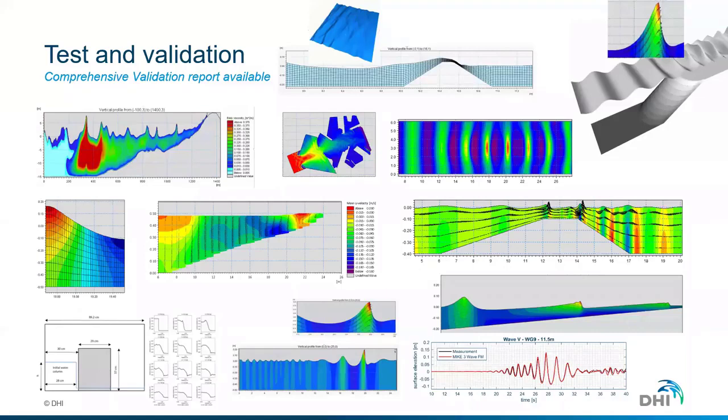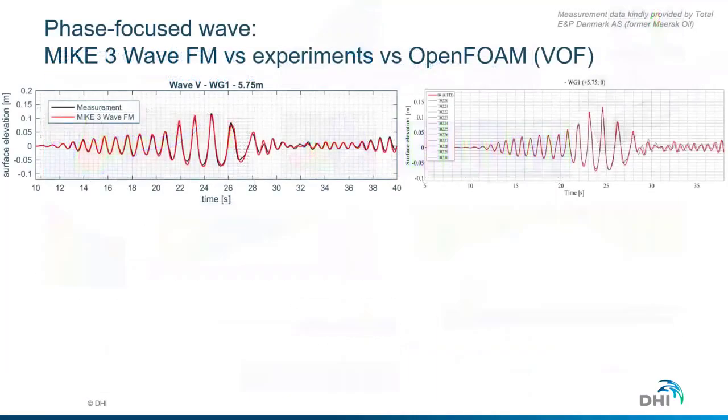We tried the nonlinear shoaling over a submerged bar. We have also tried some porous dam break comparisons, and we have done some overtopping comparisons as well. So we will look into a bit more detail here in the coming slides.